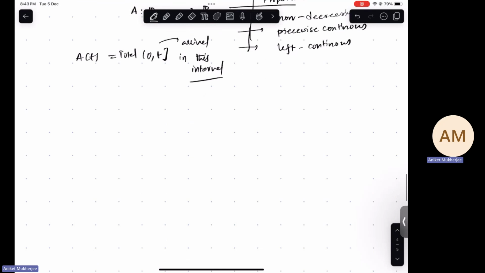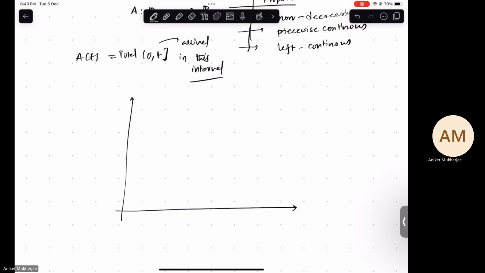Okay, so let me give you an example of a cumulative arrival curve. Till u, nothing has arrived. From u to u prime, 1 unit of packet has arrived, right?